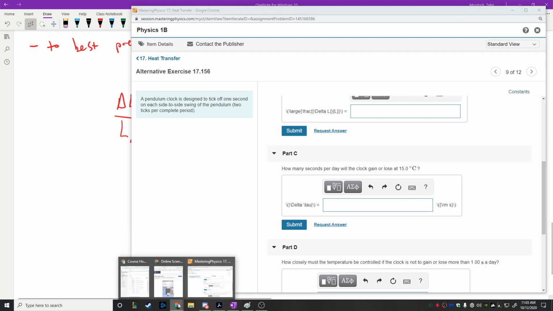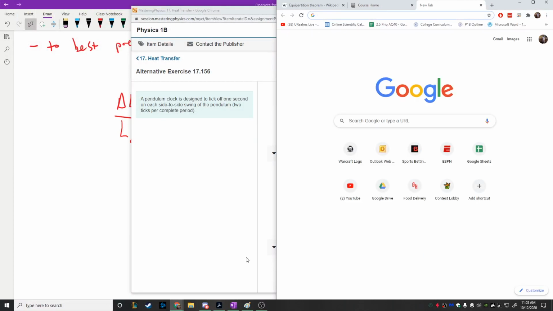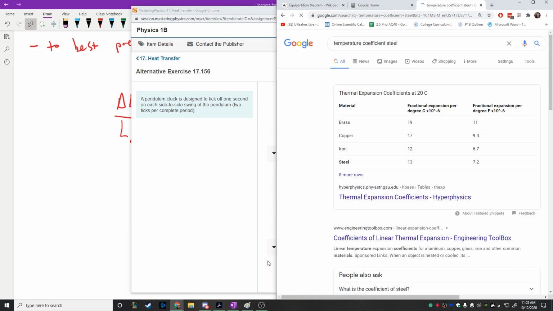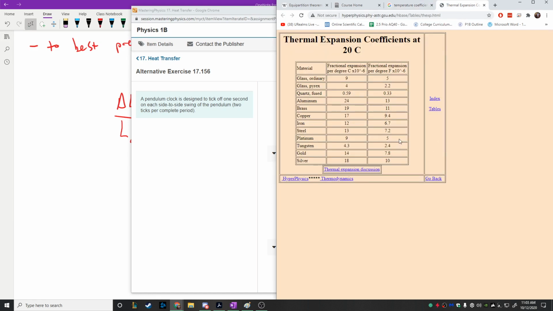So 13. This says fractional expansion. Is that what we want?